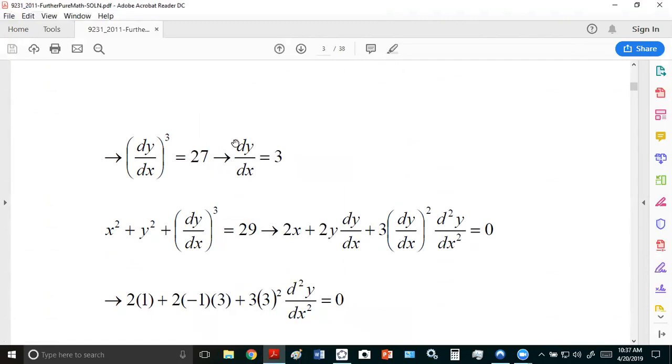By the way, if this should only be considered as a whole and not treated as dy/dx, you can't do this sort of thing, okay? Do you realize that? You can't take the cube root of something that is not a number.